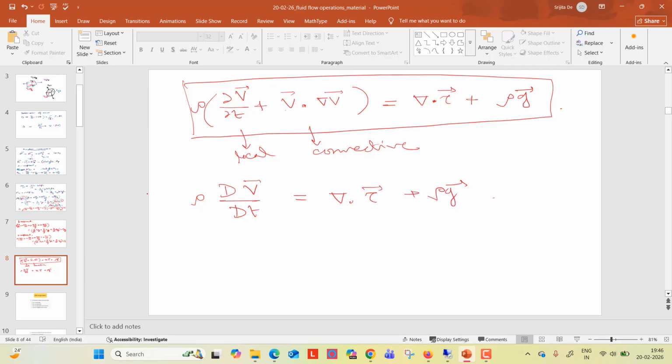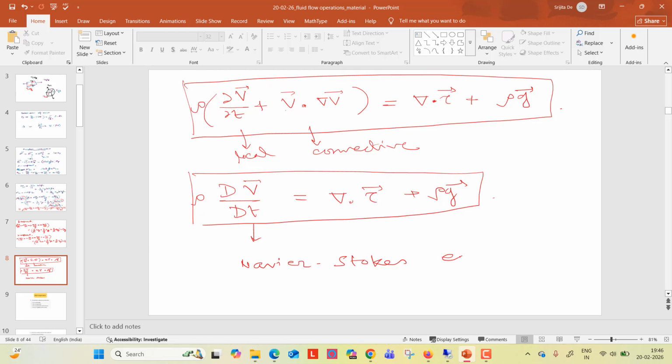This is your final Navier-Stokes equations. It is called equations because it contains all four equations: one continuity equation and three momentum equations. You can write it in the vector form also, or in indicial notation also. I am not going into that.